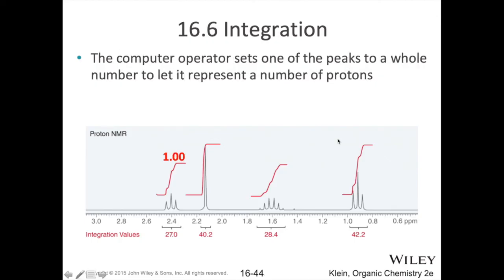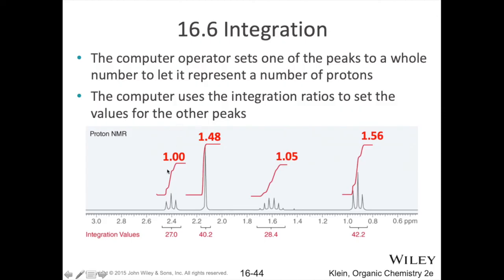In this example, if you know that this is 1 proton, you could have it do it that way as well. So we set 27 as 1, and the program automatically calculates what these are relative to that. It says, if this is 1, this is 1.48, this is 1.05, this is 1.56.